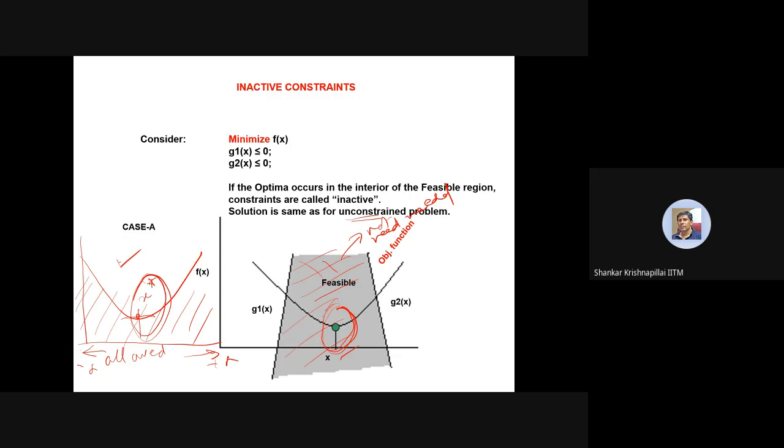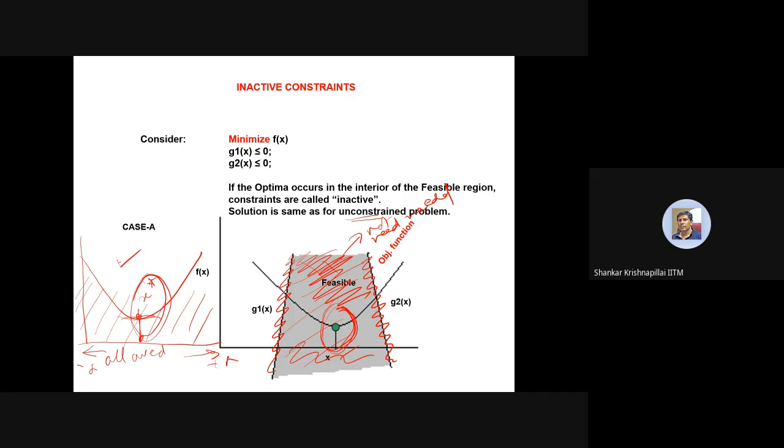If the solution to the optimization problem occurs deep inside the feasible region, there is no need to take into account these constraints. You can consider it an unconstrained problem, forget the feasible region, and just differentiate the objective function and find the minimum.